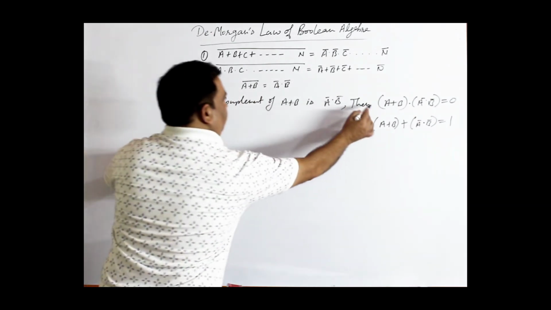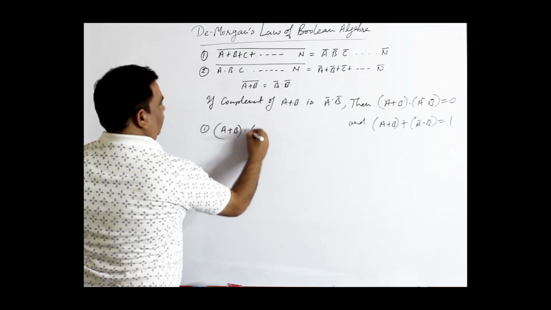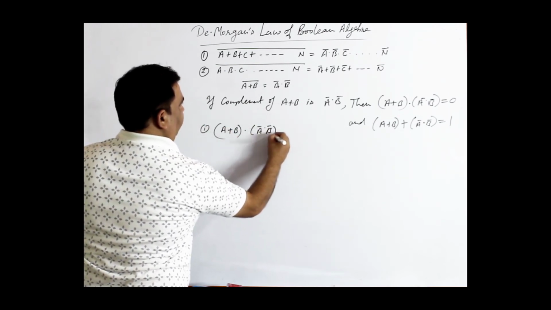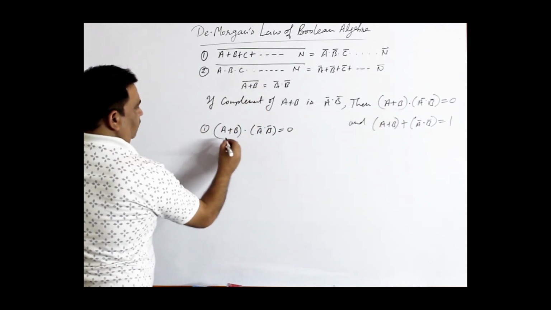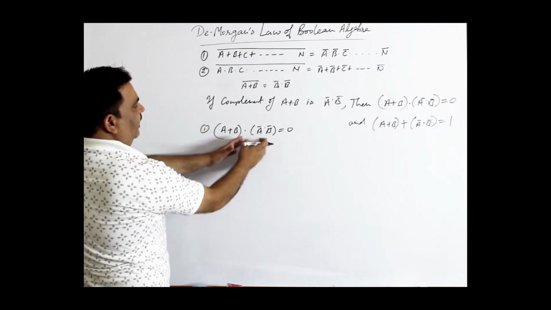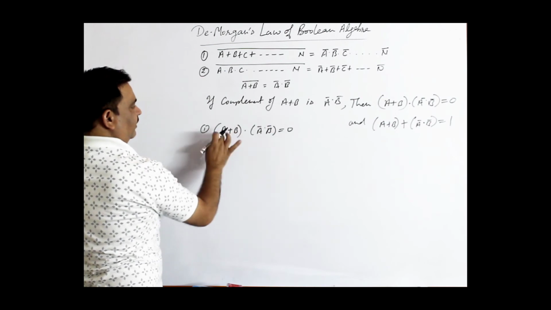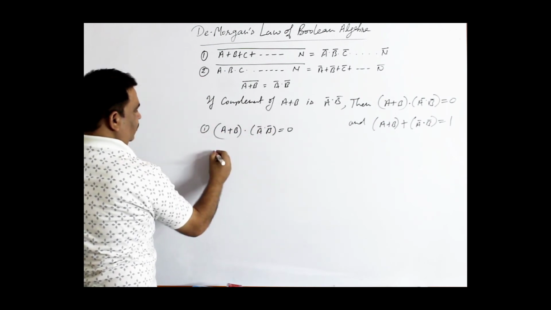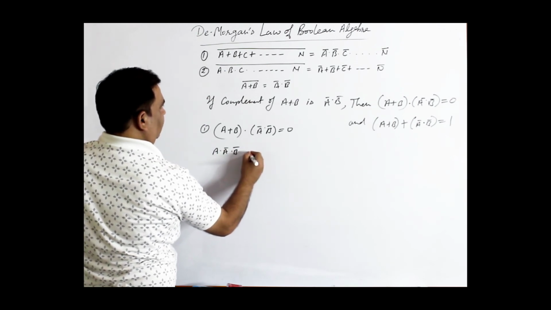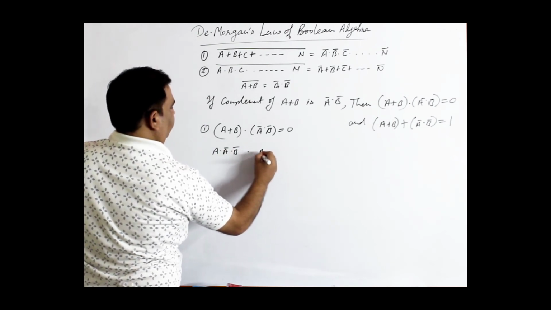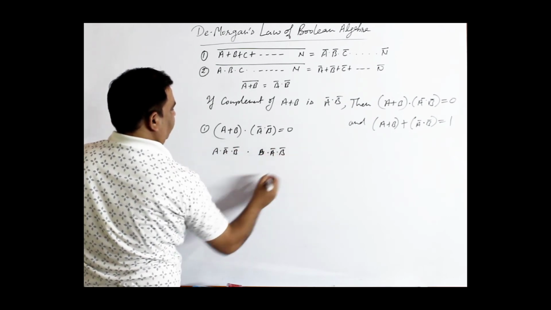Let us prove the first one: A plus B, dot A complement dot B complement, equals 0. Simply multiply inside. Mathematically, the whole term will be multiplied with A and with B. So A dot A complement dot B complement, plus B dot A complement dot B complement.